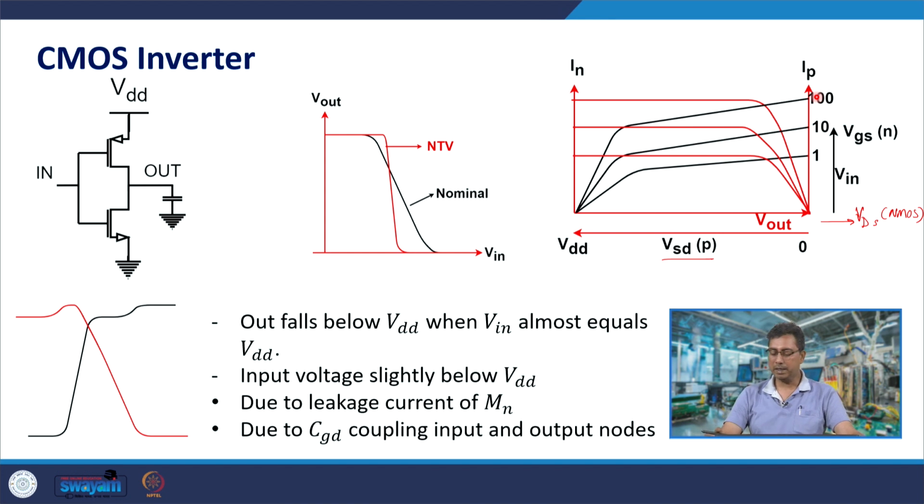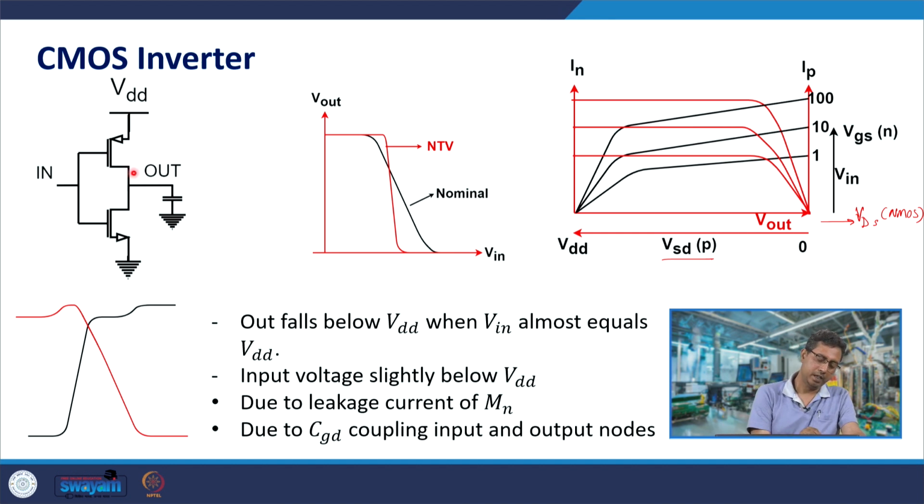What do we mean by this? These are the current curves of the N MOSFET and these are the current curves of the P MOSFET. Wherever they meet, that is the value of current which can commonly flow from the P MOSFET to the N MOSFET.